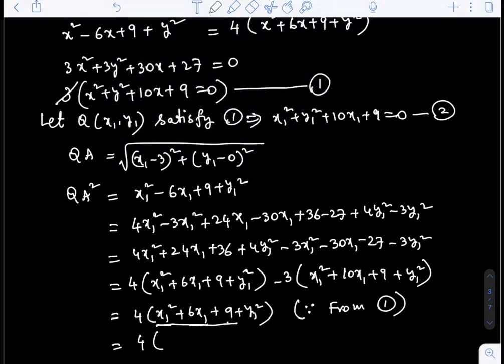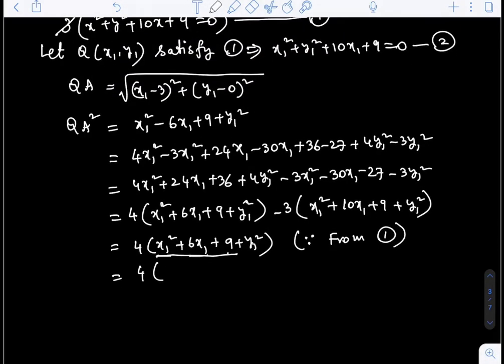Apply the a plus b whole square formula. Then x1 plus 3 whole square plus y1 square should come here. That is 4 into x1 plus 3 whole square plus y1 square.